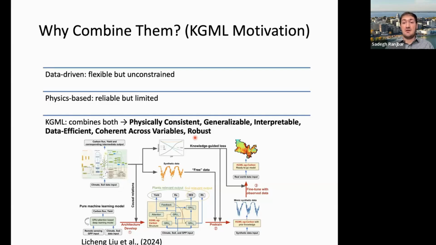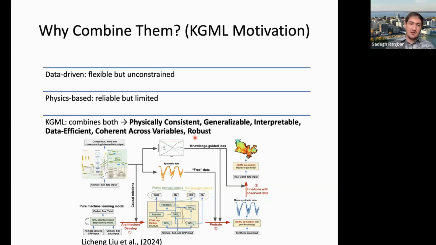They are more interpretable than the traditional data-driven models, because right now we are using some physics in our modeling. They are data efficient, and they are coherent across variables. They know how the different variables that we are modeling are related to each other based on the equations and the physics that we are using within the model, and they are very robust.